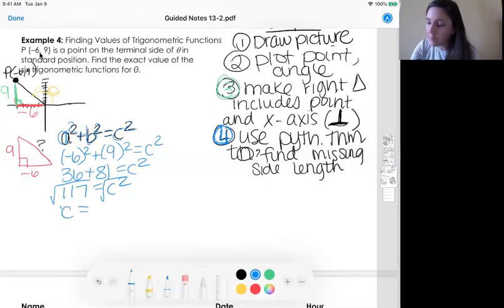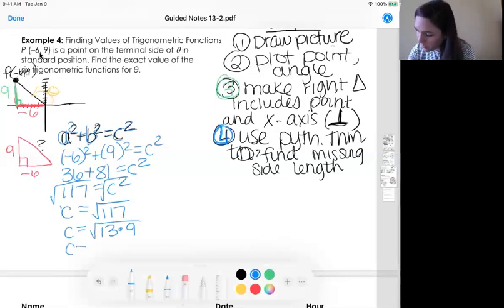So C equals, I'm just going to flip-flop the order so it's more logical for us, square root of 117. However, 117 we can simplify. That's actually 13 times 9. Remember, I picked that number because 9 is a perfect square. I can take the square root of 9 and simplify this to C equals 3 root 13.